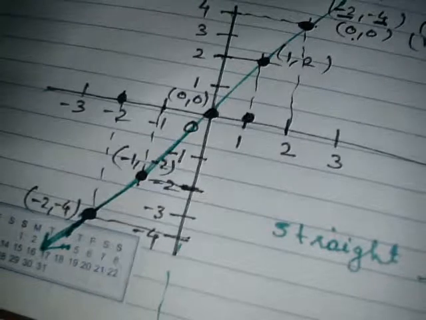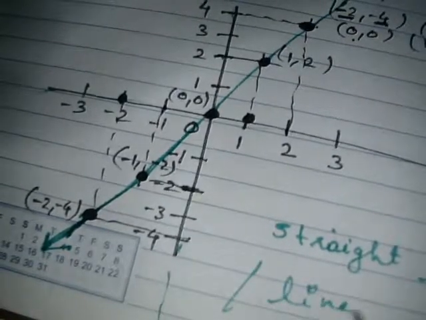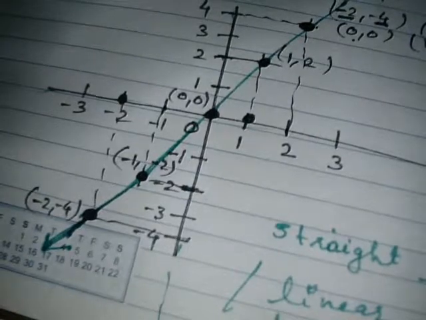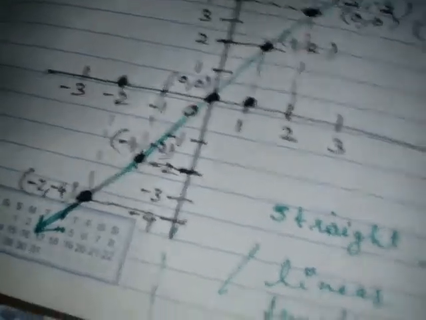A linear function graph is always a straight line. To draw a graph, I need an ordered pair. These are called ordered pairs.